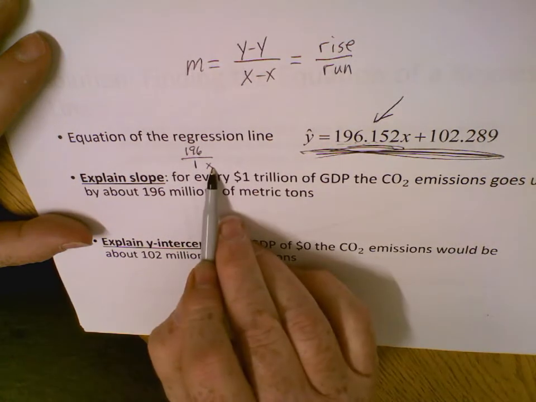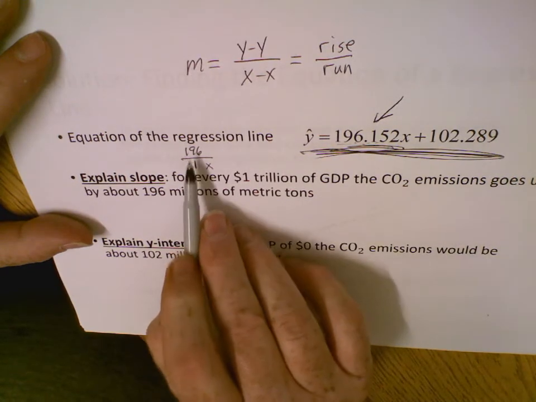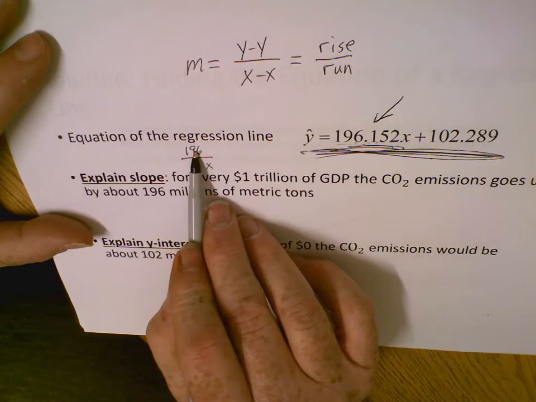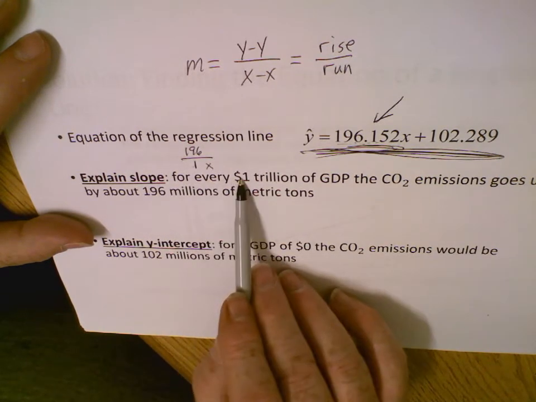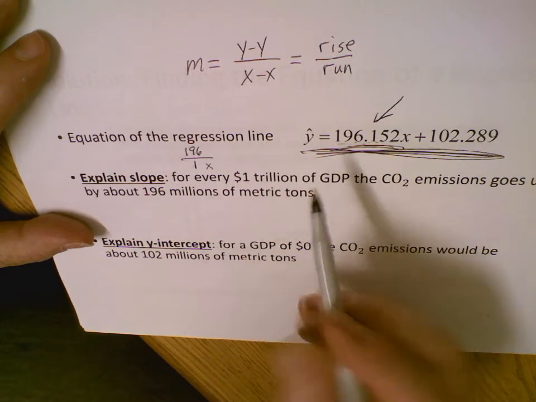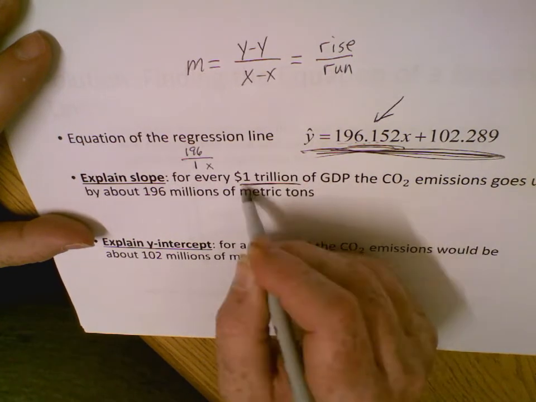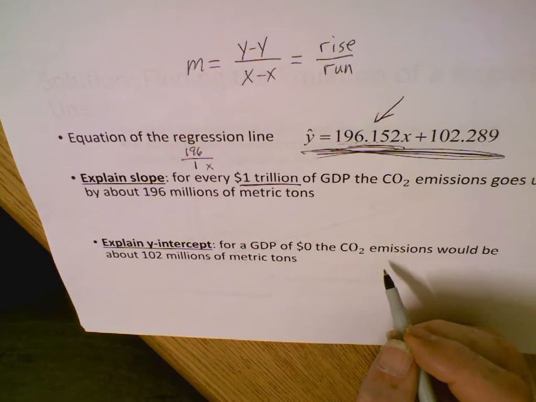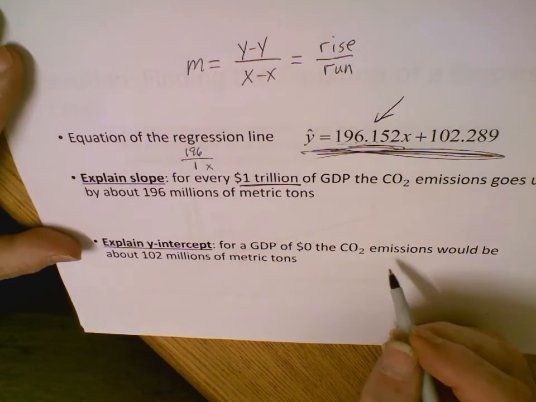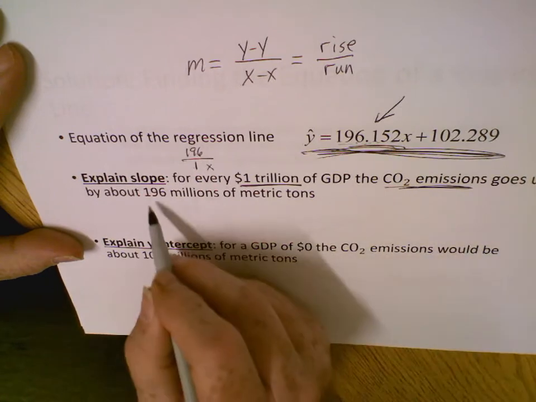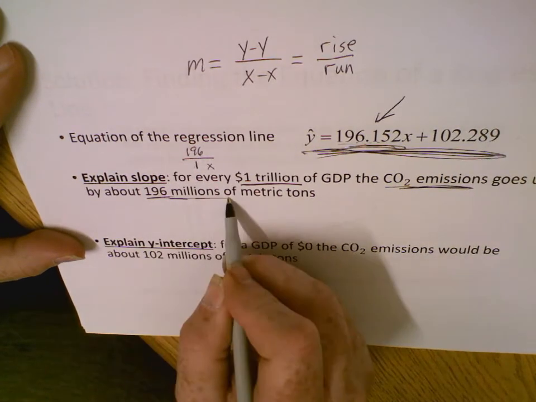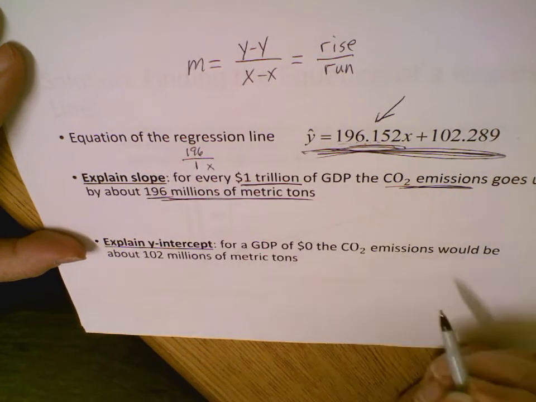So we're saying as our x goes up 1, our y's go up about 196. So for every $1 trillion, that's how much the x is going up. So each time the x goes up $1 trillion, then the CO2 emissions goes up about 196 million metric tons.